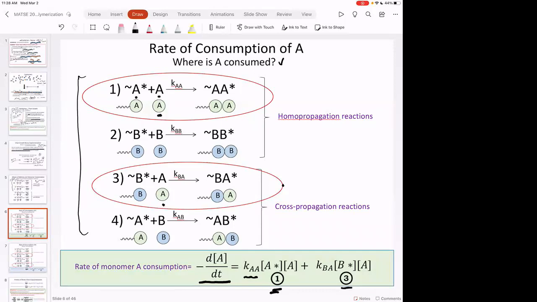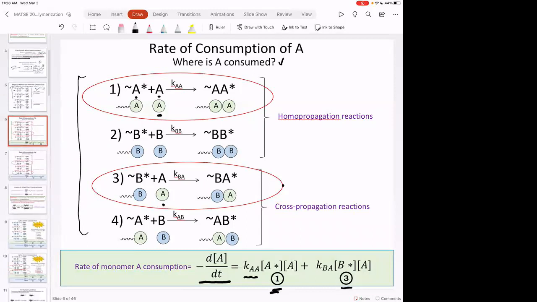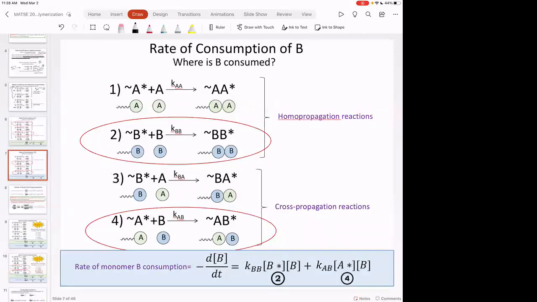Okay, this is the same definition for rate of polymerization that we've used before. We just have some other reactions to think about. Same thing for B. So again, you want to get the reactions correct and the rate constants correct. And so just don't start writing down A's and B's and hope for the best.